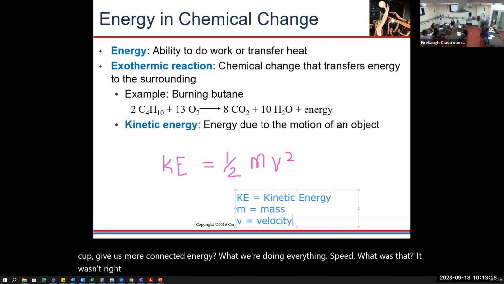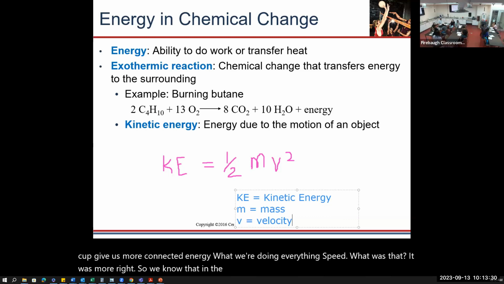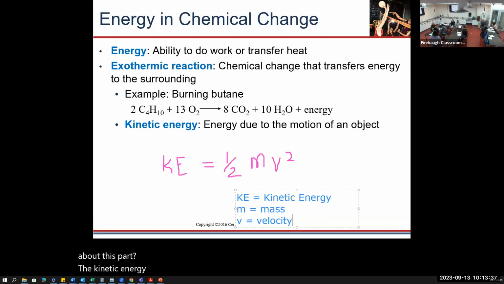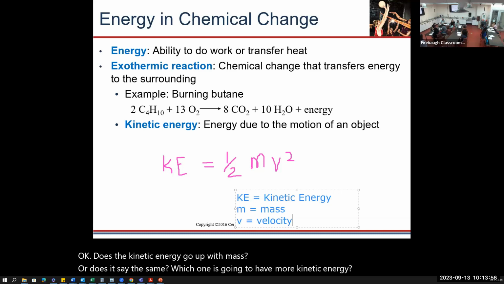So the kinetic energy, you remember we talked about this part, is it directly proportional or indirectly proportional? Does the kinetic energy go up with mass, or does it stay the same?